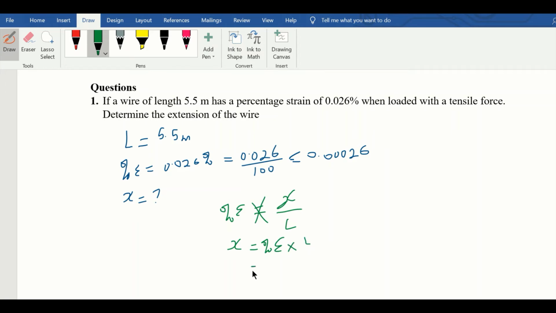So what next, guys? I can put in the values. My strain is 0.00026 times my original length, 5.5. So therefore, my extension of the wire, when I put this in my calculator, I should get 0.00143 meters.